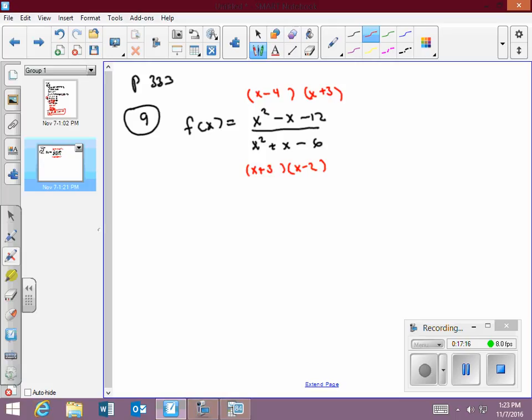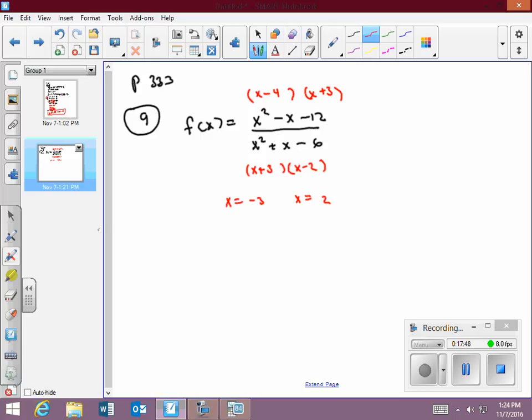The factoring should be pretty much second nature at this point, right? Is that making sense? You know what we're doing. Now, when you look at it this way, where the denominator is equal to 0, x equals minus 3 and x is equal to 2, right?